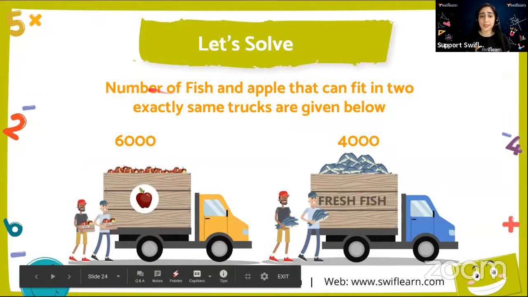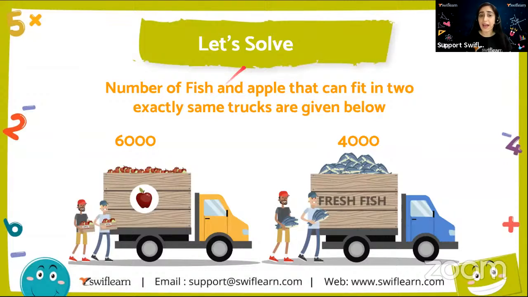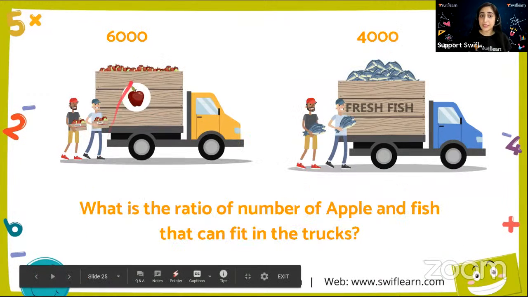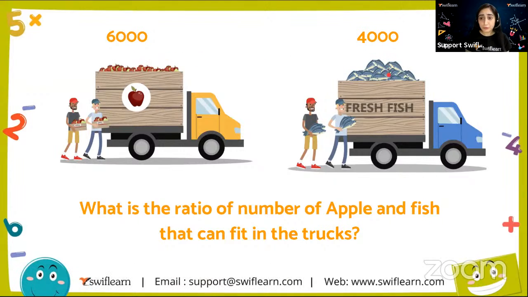Okay. Now let's solve this. The number of fishes and the number of apples that can fit exactly in the same truck. The number of apples is 6,000 and the number of fishes is 4,000. So we have to compare. 6,000 is the number of apples, 4,000 is the number of fishes.